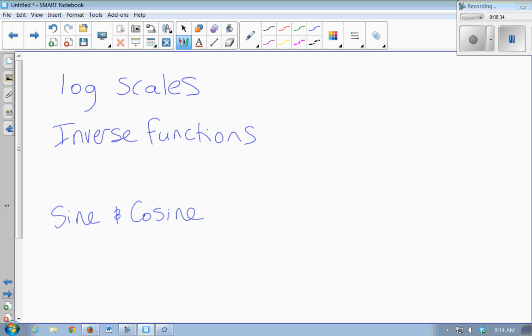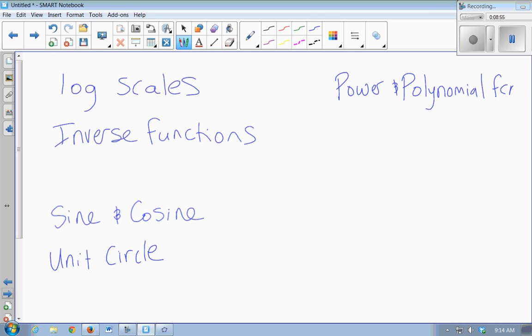Right. Unit circle, yeah. Polynomials, yep. Power and polynomial functions. What about them?